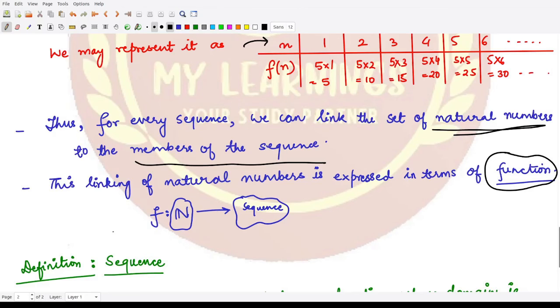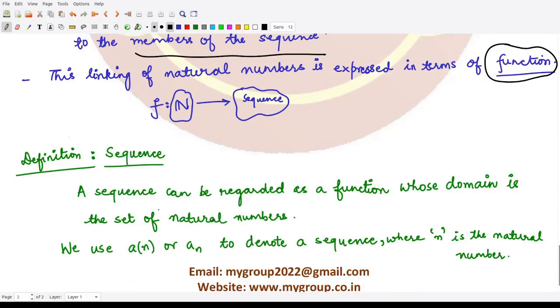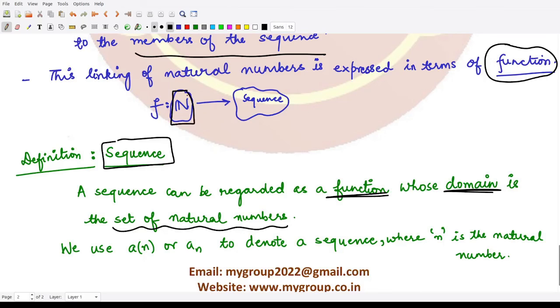You will understand this definition quite clearly. The formal definition of a sequence tells us that a sequence is regarded as a function whose domain is the set of natural numbers. That means for each natural number we have some element of the sequence.